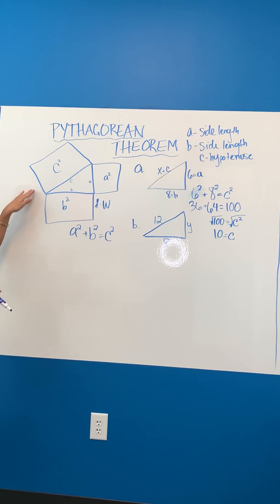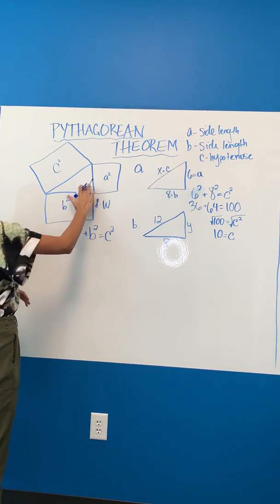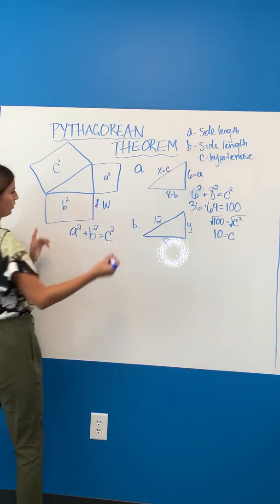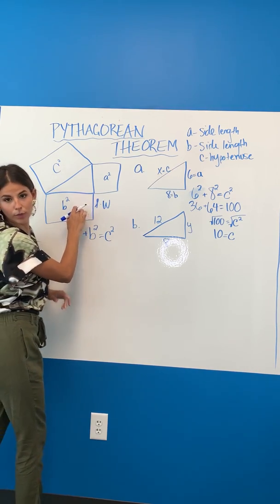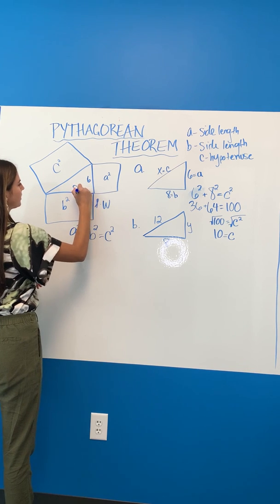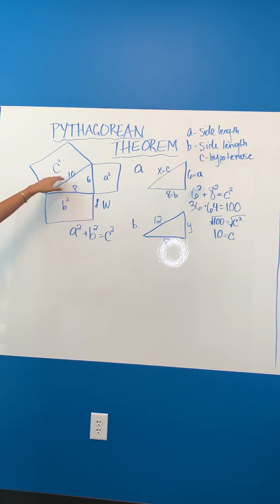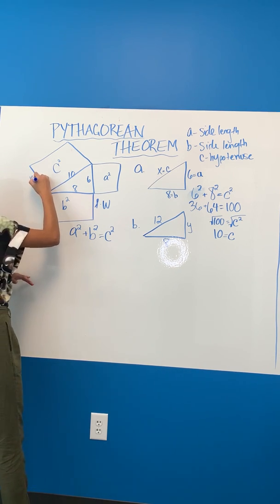Now I'd also like to explain how this applies. We're going to sub in those values into this picture right here just to explain it a little better. These are supposed to be squares, poorly drawn squares. So we're going to have 6, 8, and 10. Because these are squares, the side lengths are going to be the same on the length and the width.